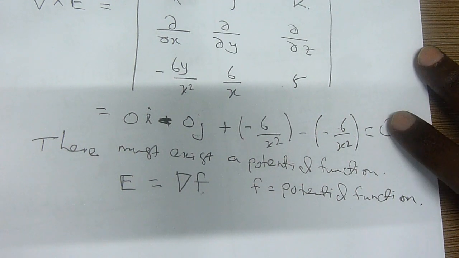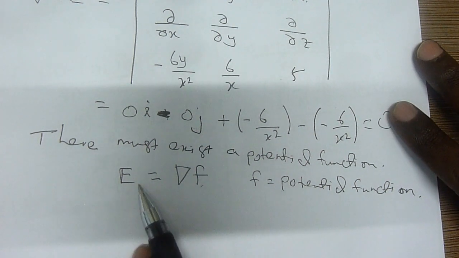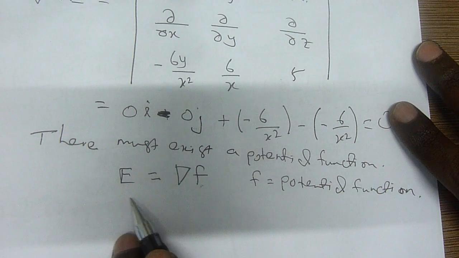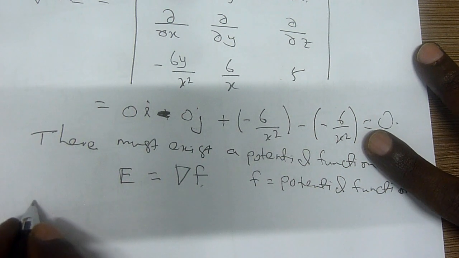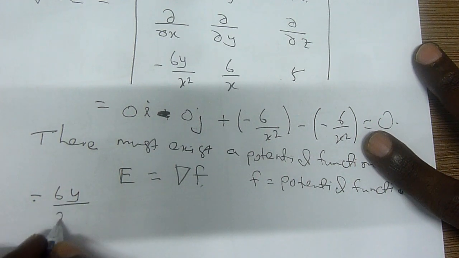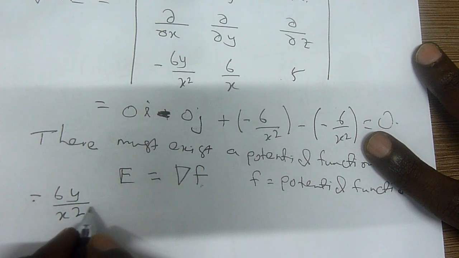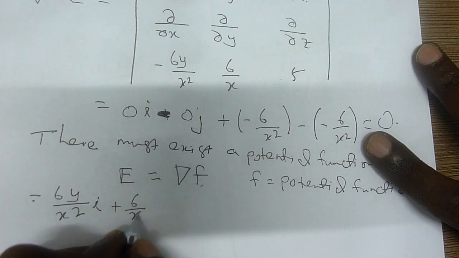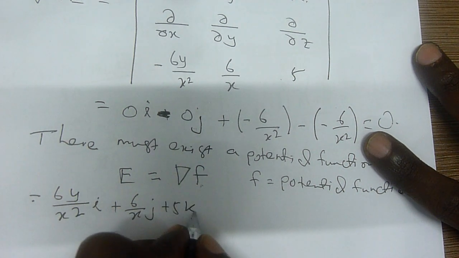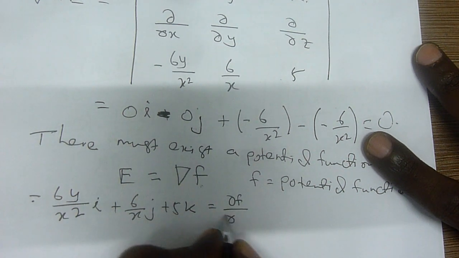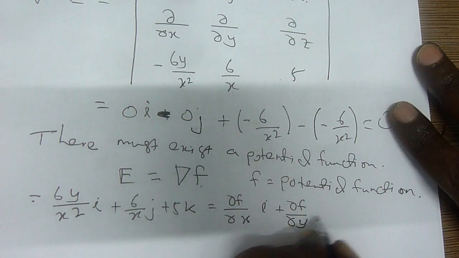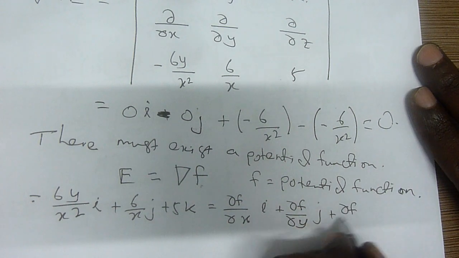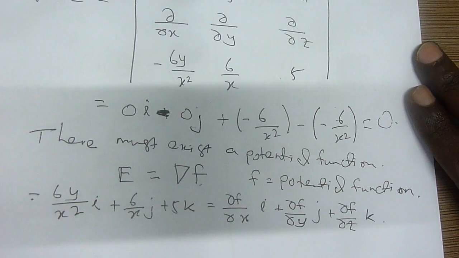If this is the scenario, then we can equate this E to del f. Now we equate del f to 6y x^2 i, 6x j, 5k, equals del f/del x i, del f/del y j, del f/del z k.